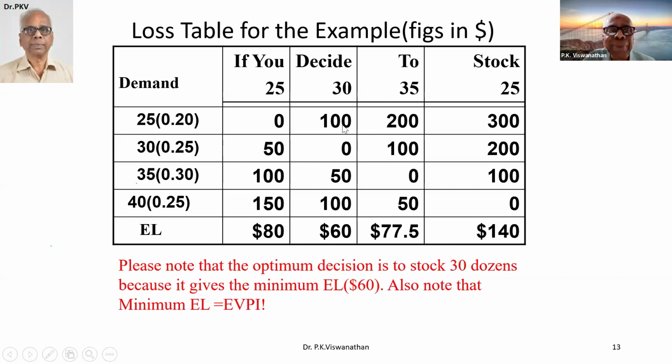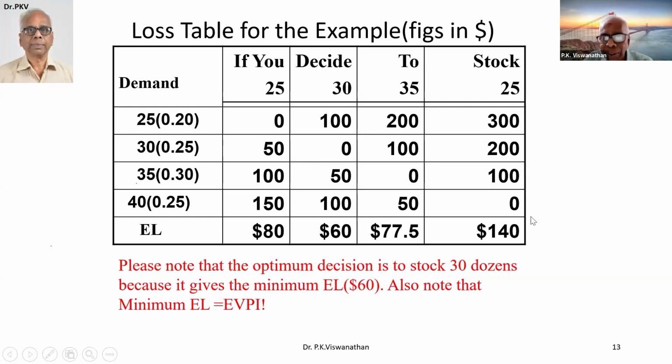In other words, again, I multiply 100 into 0.2, 0 into 0.25, 50 into 0.3. So 100 into 0.2 is 20, 50 into 0.3 is 15, 35, 100 into 0.25 is 25. When I add this, this becomes $60.